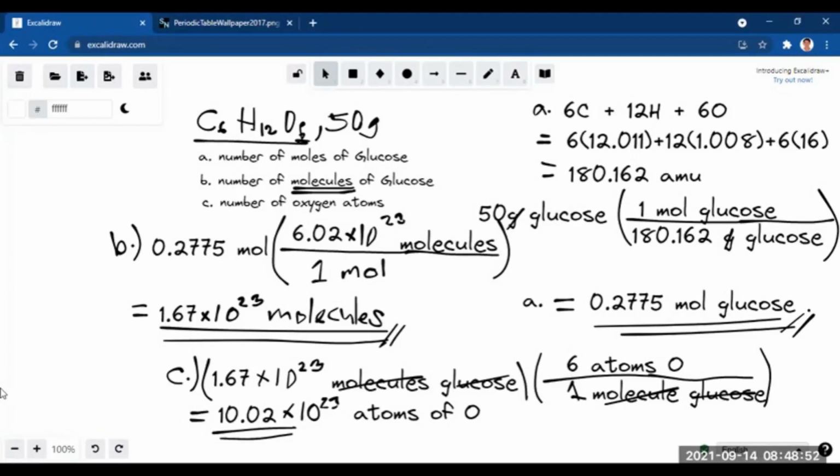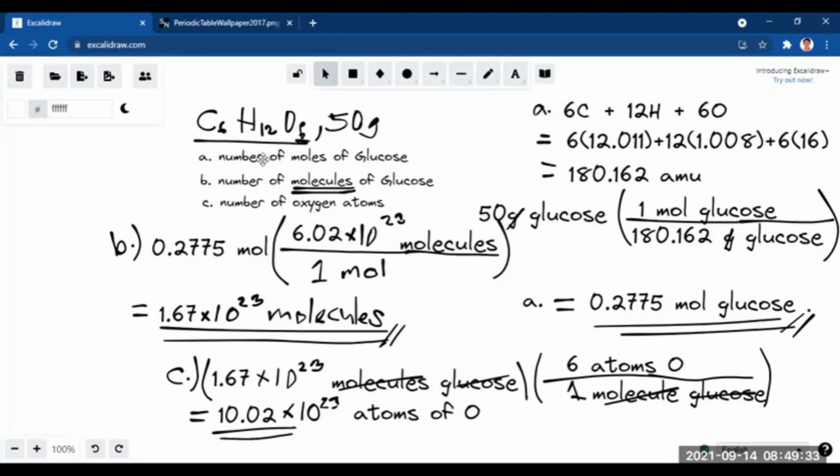For letter A, the first step that we did is we looked for the atomic mass of the molecule. To find the atomic mass of a molecule, you just add the atomic masses of all of the elements that make up the molecule. So we have 6 carbons, 12 hydrogens, 6 oxygen. Adding all of their atomic masses resulted to 180.162 atomic mass units. And again, atomic mass unit is equal to grams per mole.